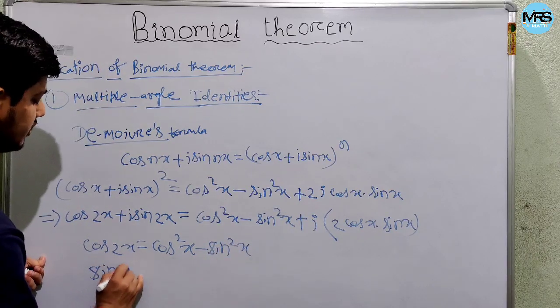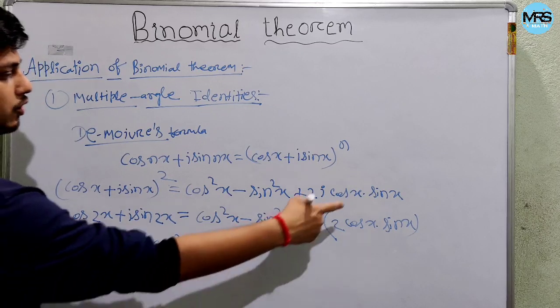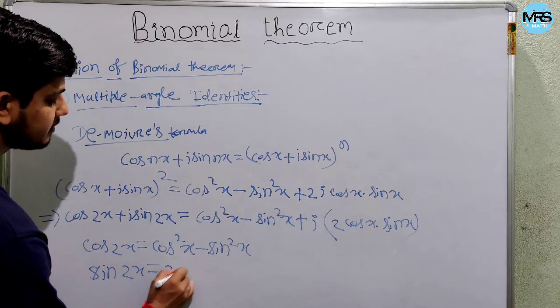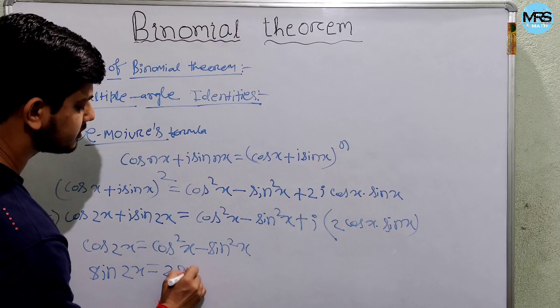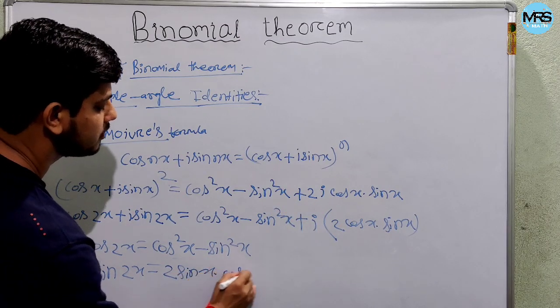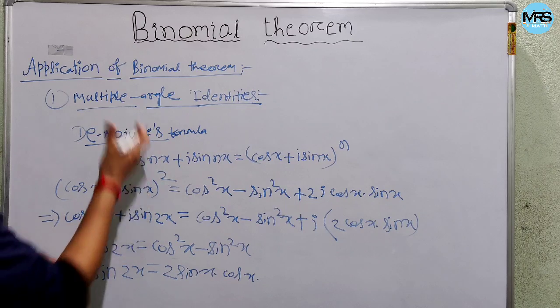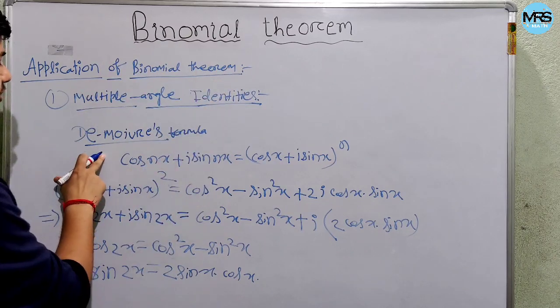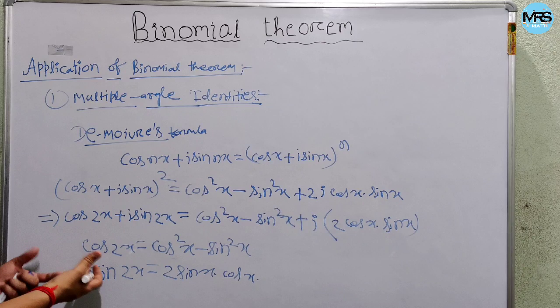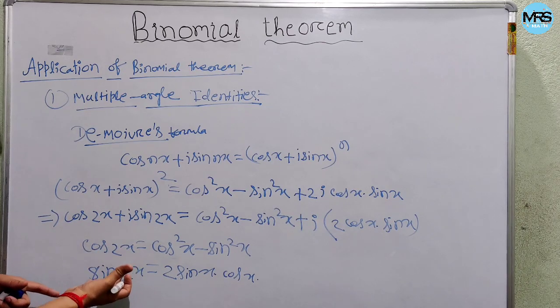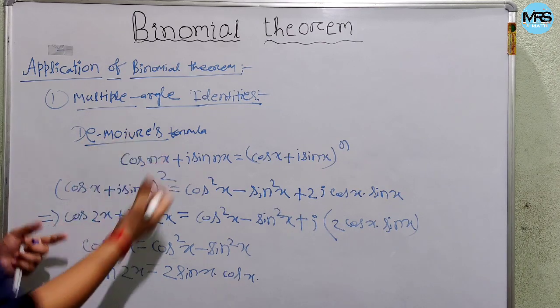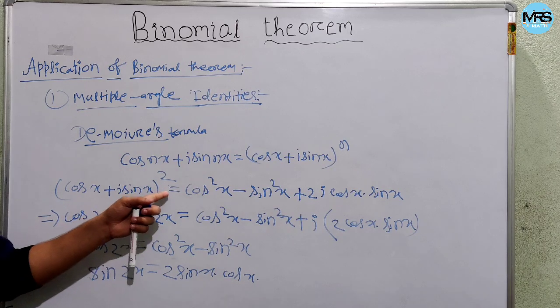And sin 2x as 2 cos x sin x, or 2 sin x cos x, whatever. So this formula we derived with the help of the binomial theorem in combination with de Moivre's theorem. This is for n equal to 2.